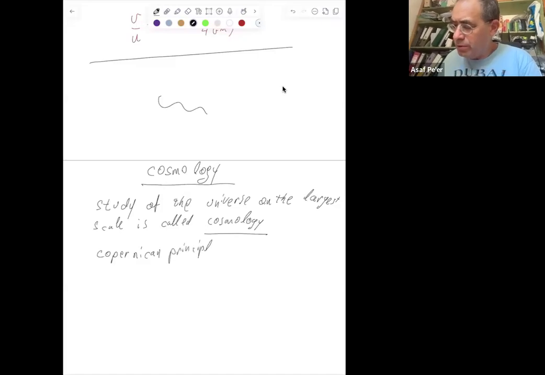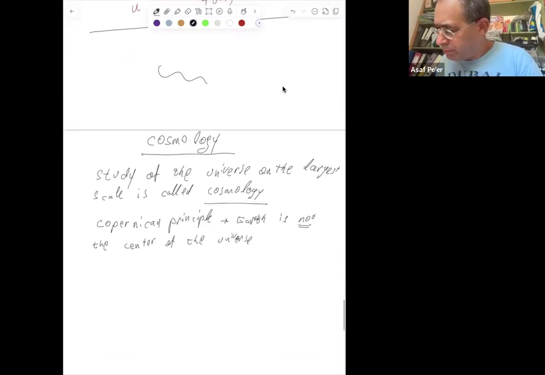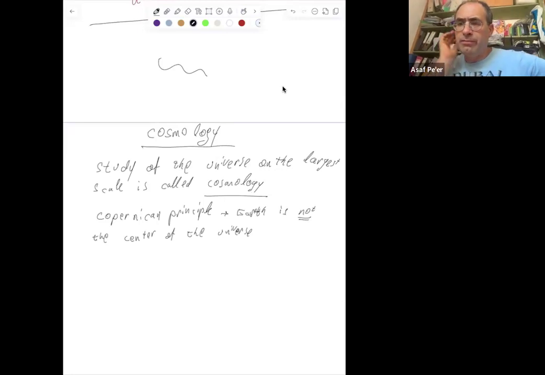So the Copernican principle says that the Earth is not the center of the universe, which most people older than the age of 5 understand. And the modern-day cosmological principle states essentially the same.